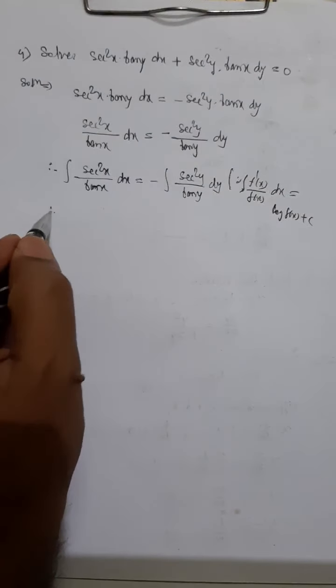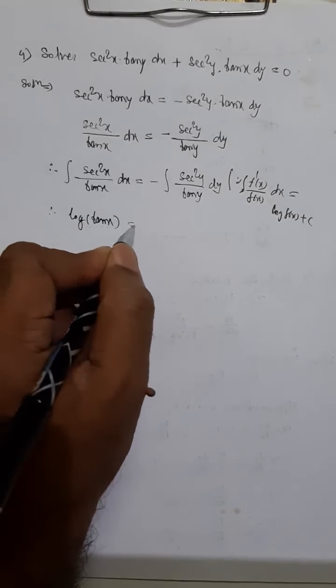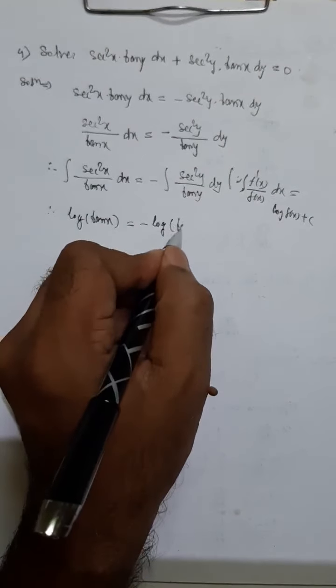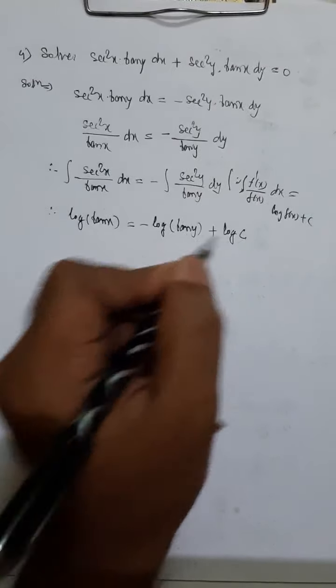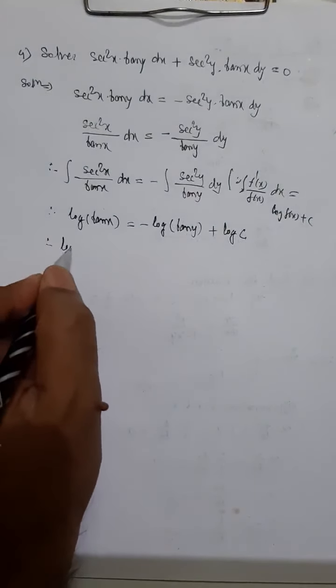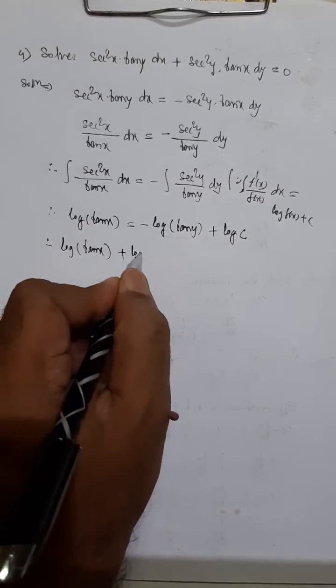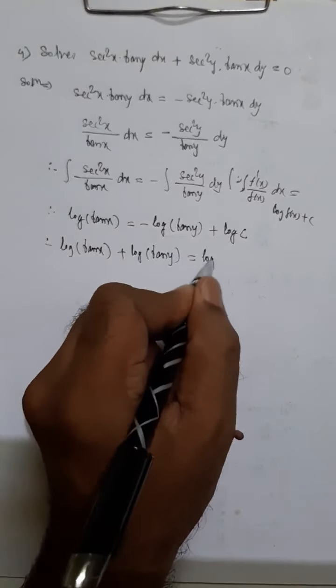So by using this formula, integration is nothing but log of the denominator, log of tan x is equal to minus, similarly log of tan y, plus take the constant as log c. So we can write this as log of tan x plus log of tan y is equal to log c.